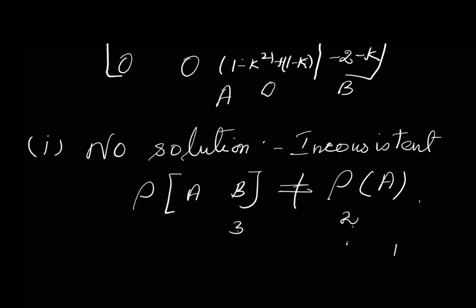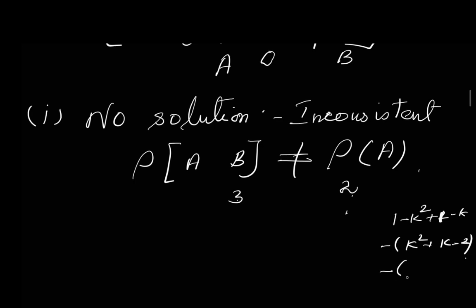Here, 1 minus k squared plus 2 minus k plus 1 minus k. So, minus k squared plus k minus 2. 1 plus 1 is 2, so minus 2.